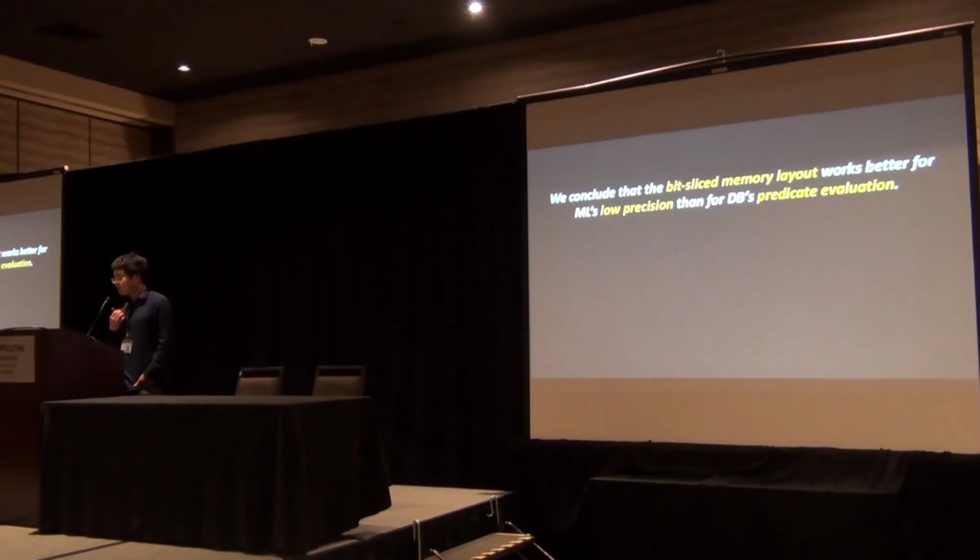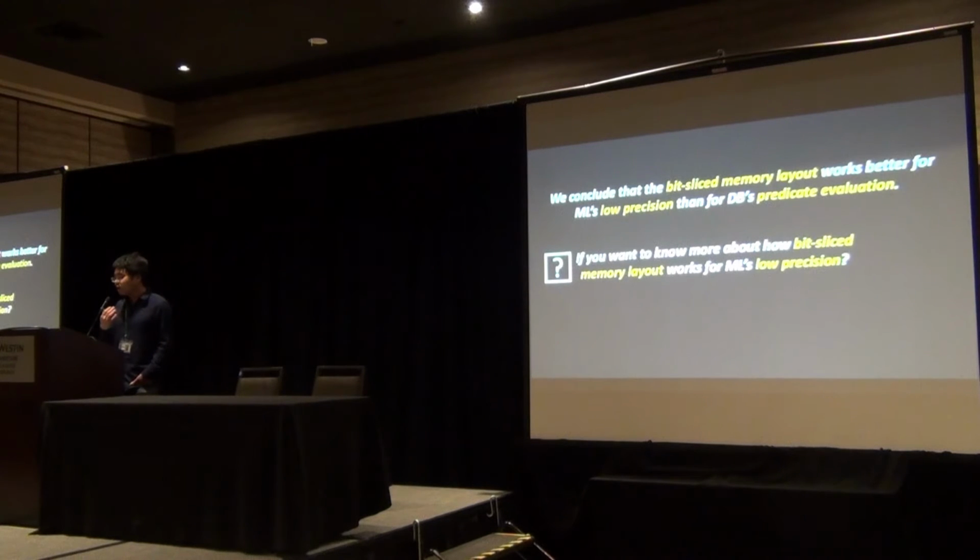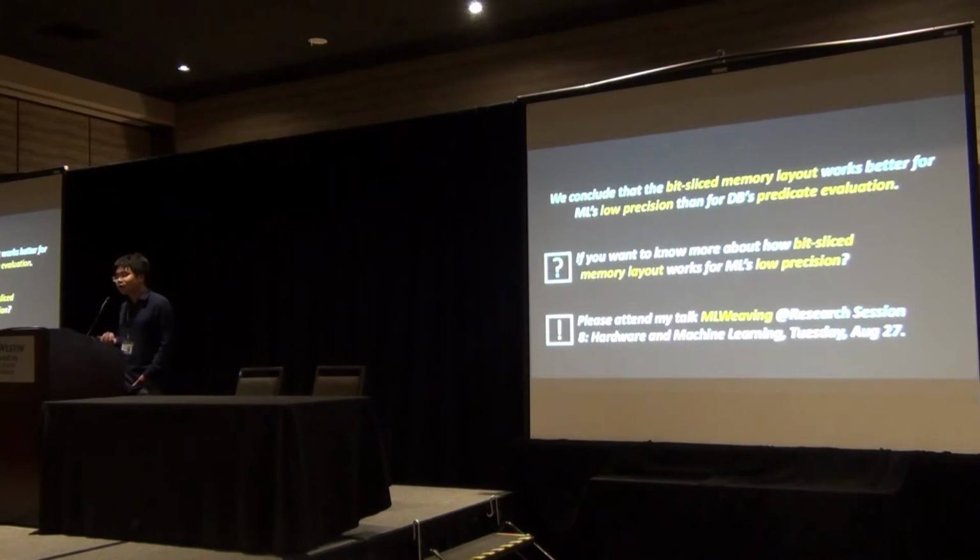So we can say that bit serial memory layout works better for machine learning low precision. If you want to know more about how it works, please attend my talk in Vivian tomorrow. It will be research session 8, hardware and machine learning.